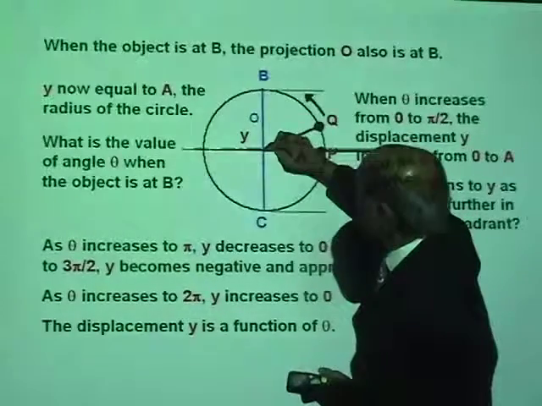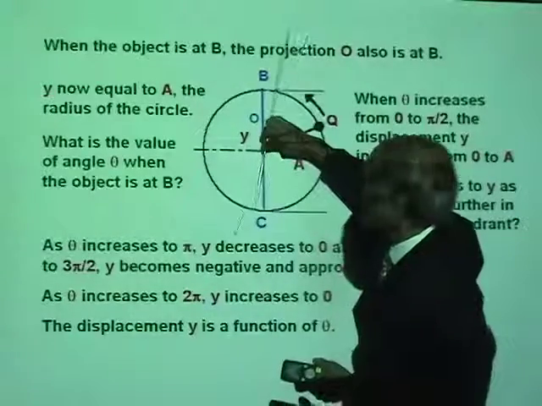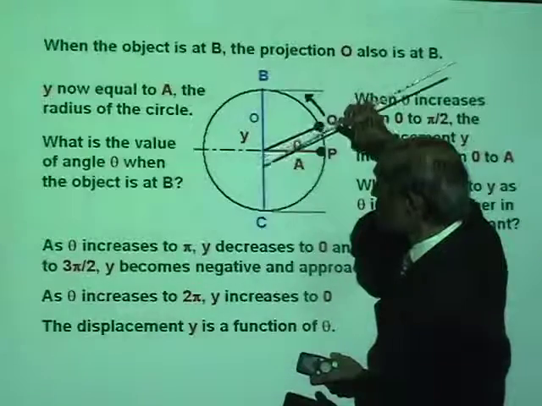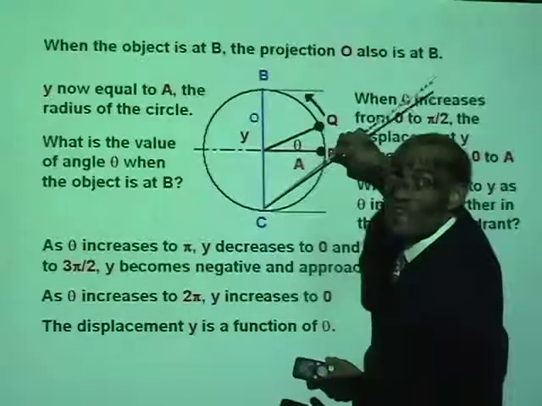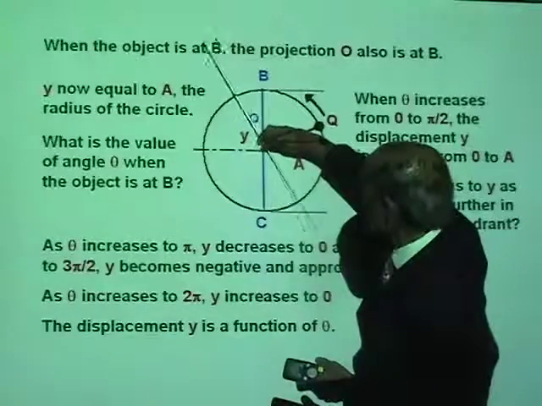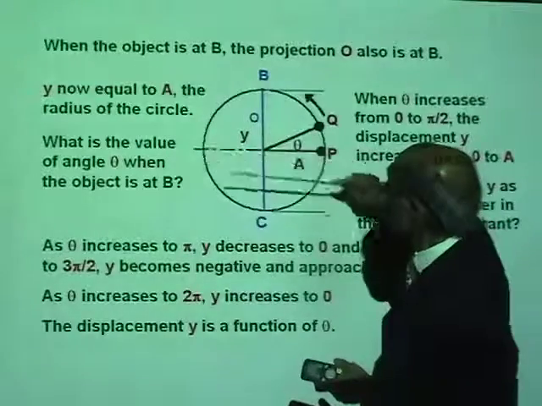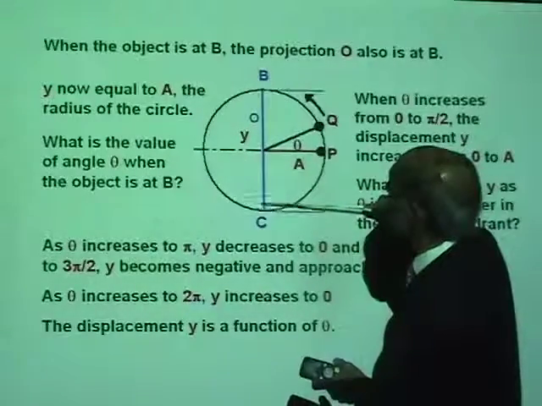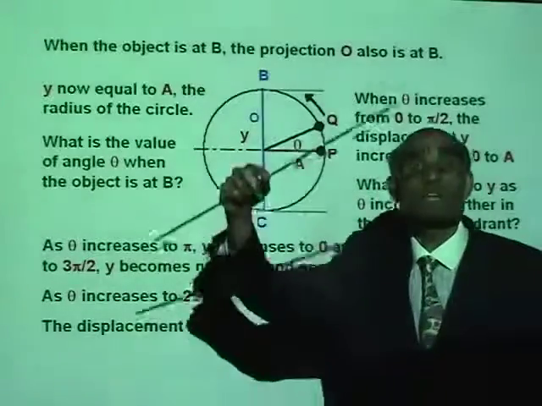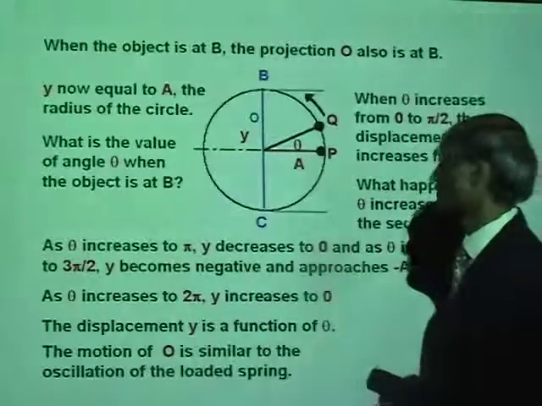And as the angle now increases from pi to 3 pi by 2, the displacement decreases from 0 to negative A. And as the angle increases from 3 pi by 2 to 2 pi, the displacement increases from negative A to 0. So the displacement is a function of the angle theta.